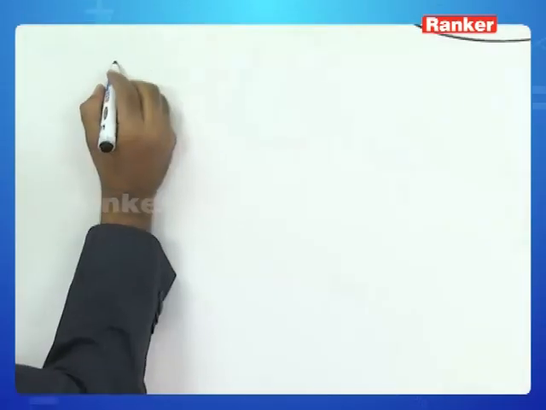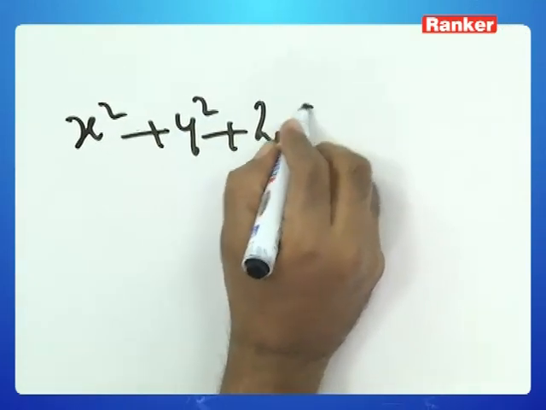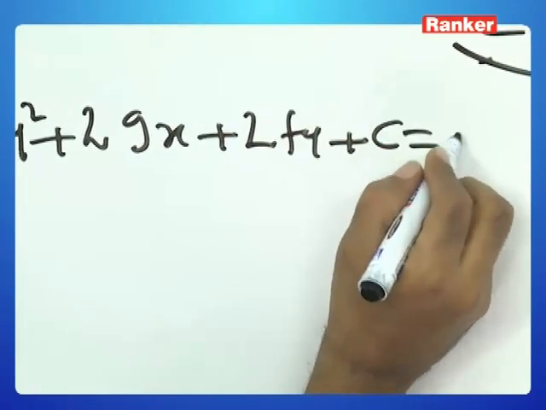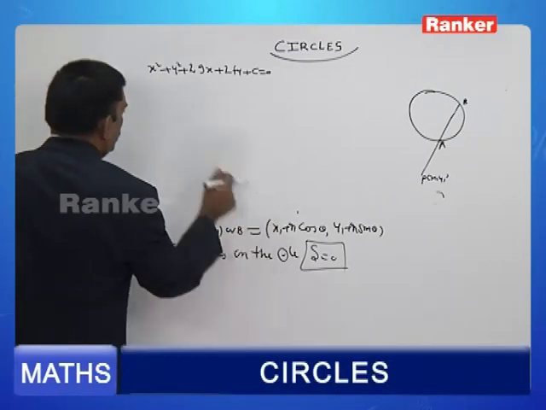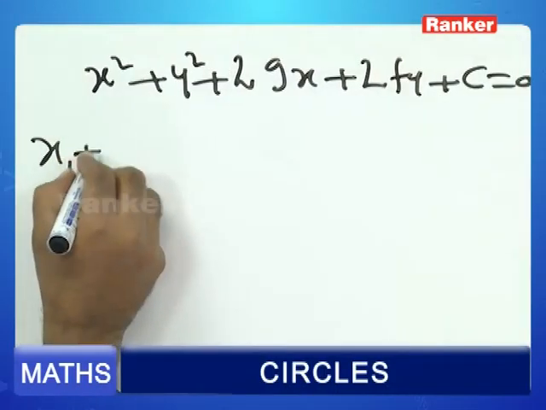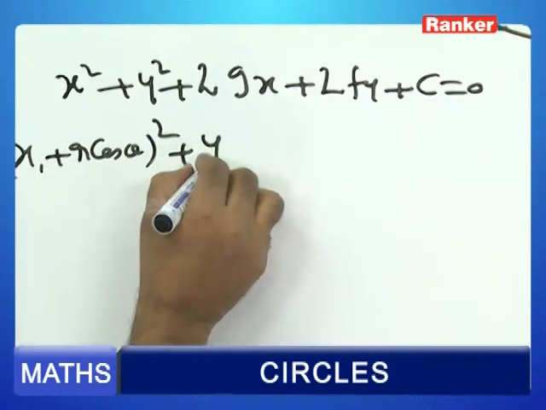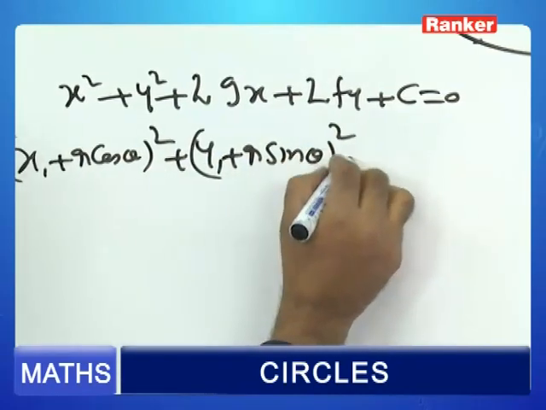In place of x square plus y square plus 2gx plus 2fy plus c is equal to 0, you have to substitute in place of x. Therefore, x1 plus r cos theta whole square, y1 plus r sin theta whole square.